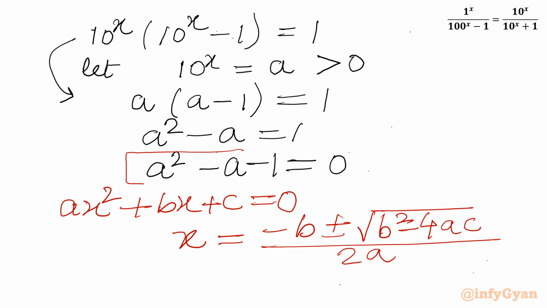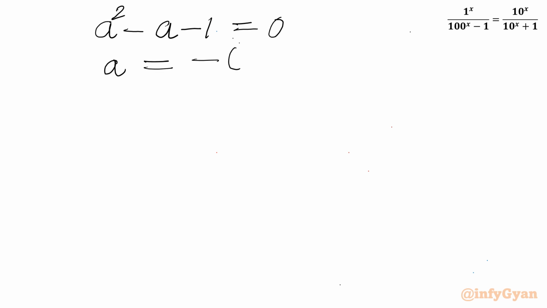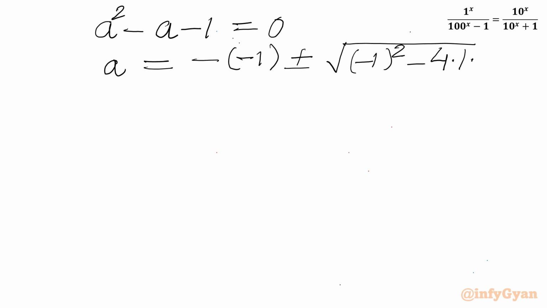Let's apply this formula to our quadratic equation, a square minus a minus 1 equal to 0. So a will be equal to minus of minus 1, it is minus b, plus minus the square root of b square, so minus 1 is square, minus 4 times 1 times minus 1, over 2 times 1.